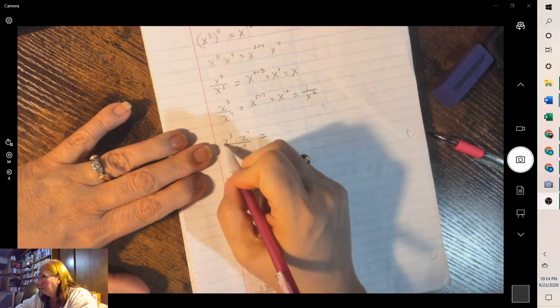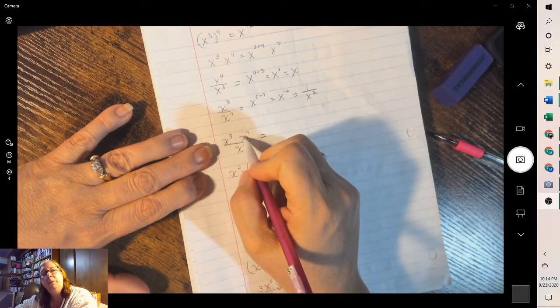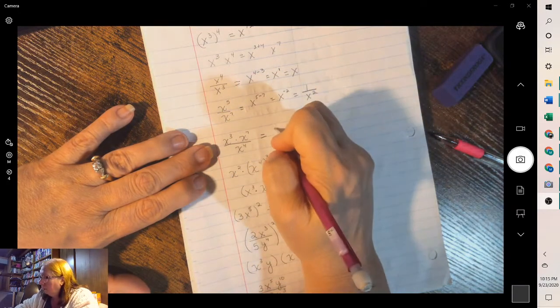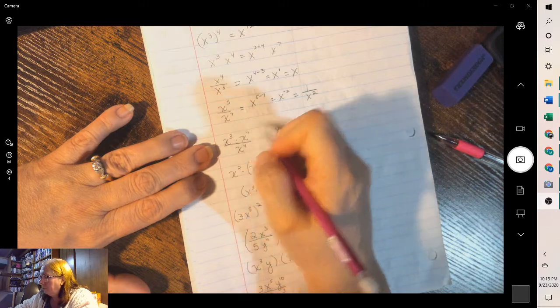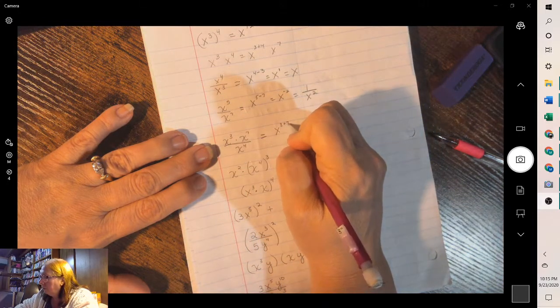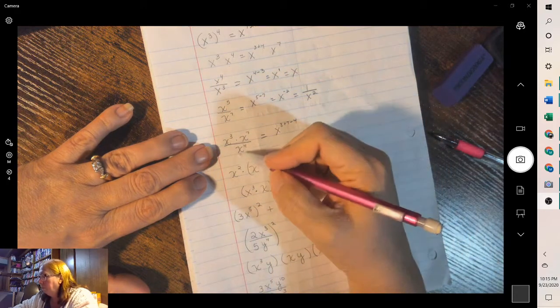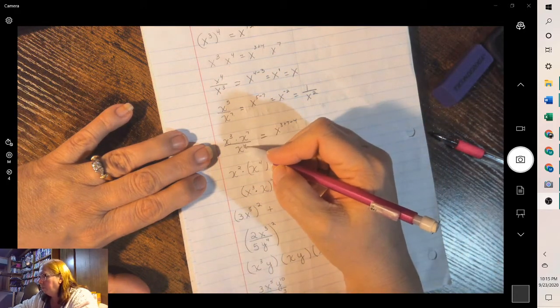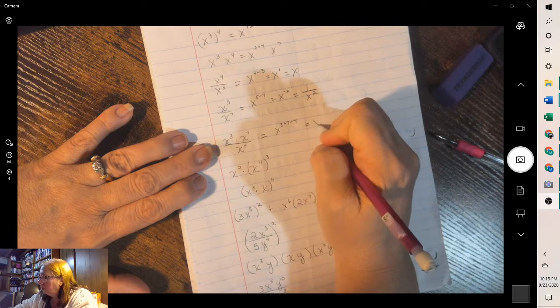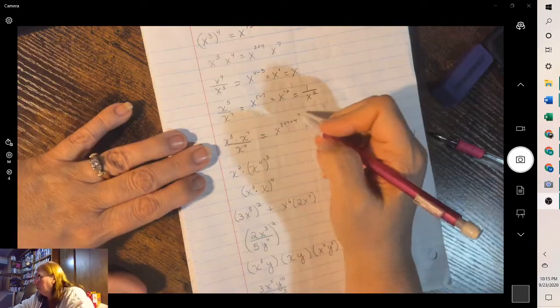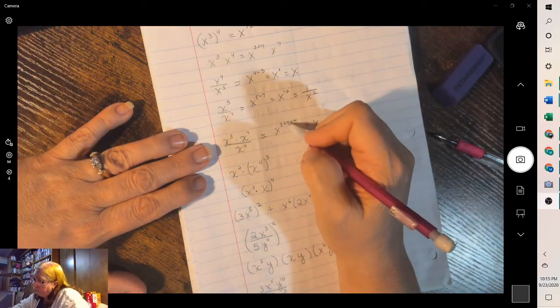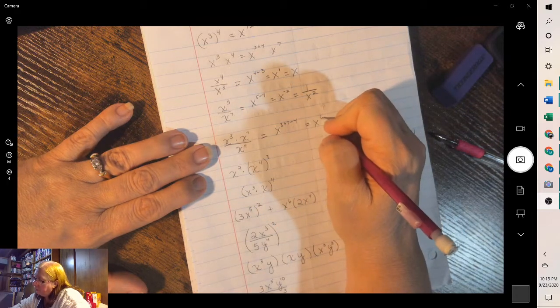Okay, this one, I'm going to combine the top first. 3 plus 7. If you want the bottom at the same time, minus 4. So the top we add, the bottom we subtract. 10 minus 4, x to the 6th.